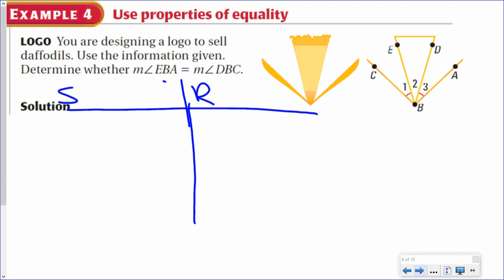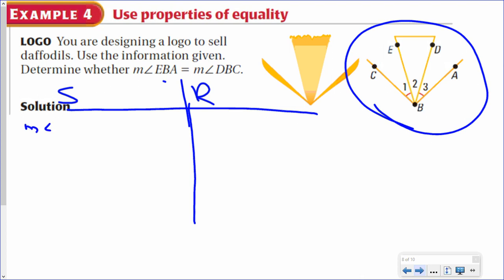So that's our finish, guys. We are trying to prove that. To start it, we look at the diagram and pick out the information that they give us, such as the two red arcs. You see the red arc on angle 1 and angle 3. That's something we can make a statement about, like the measure of angle 1 is equal to the measure of angle 3. Since that was on the diagram before we started, that's given to us.